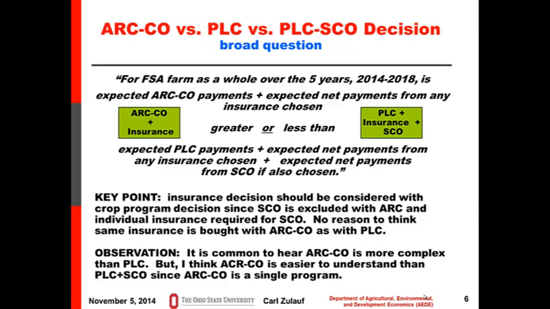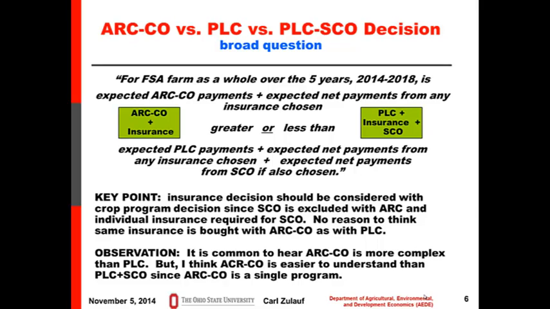For a number of reasons. First, you cannot get SCO if you choose ARC. So if SCO is something that you like, and SCO is an insurance product, then you have to pick PLC or you're not in the program. SCO is available to producers who are in none of the commodity programs.